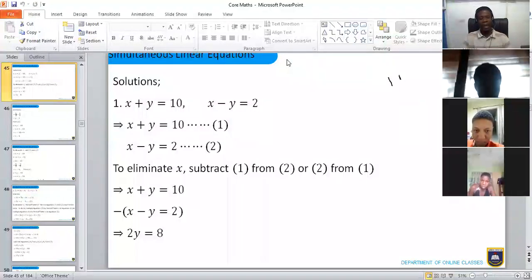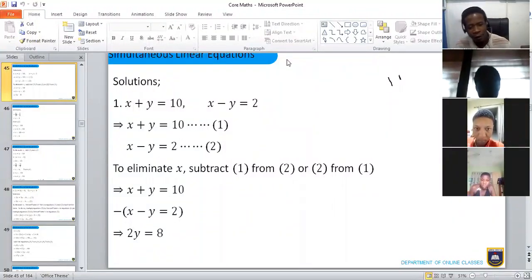After labeling the equations, the next thing is you decide which of the variables involved you want to eliminate. We have x and y involved in the equations.